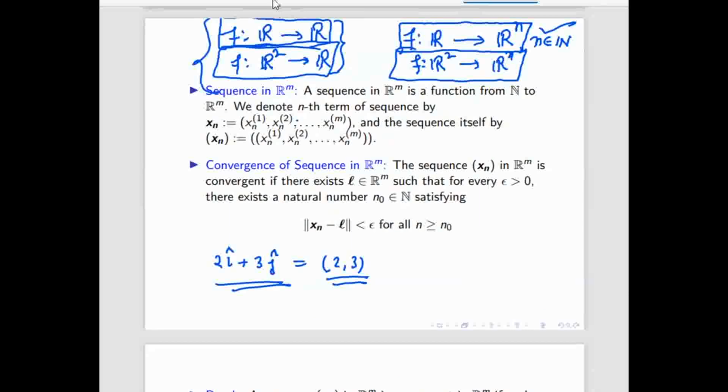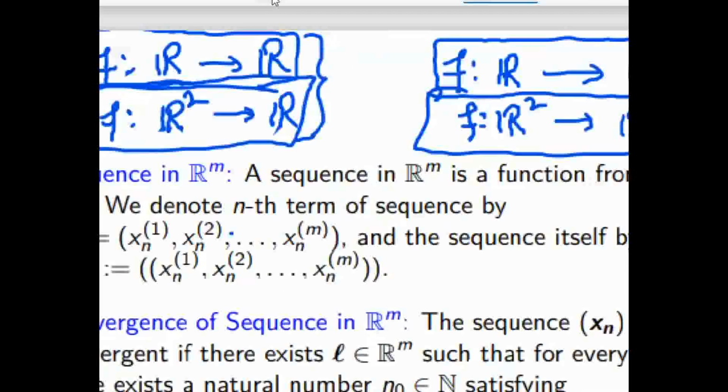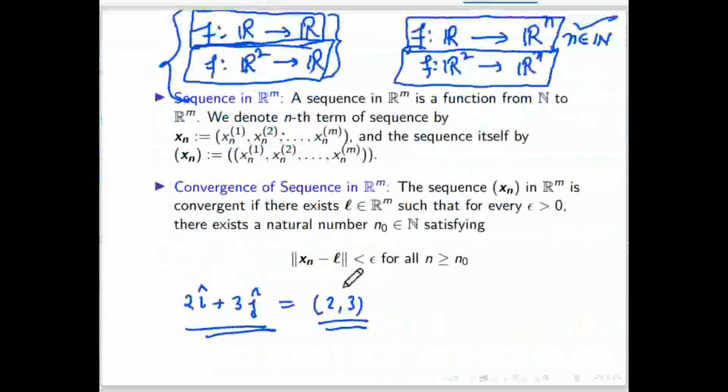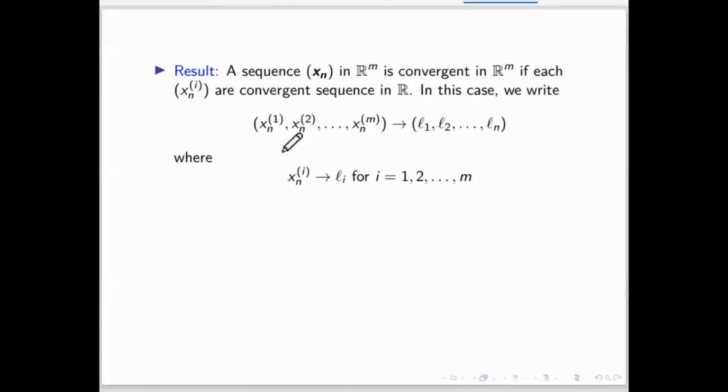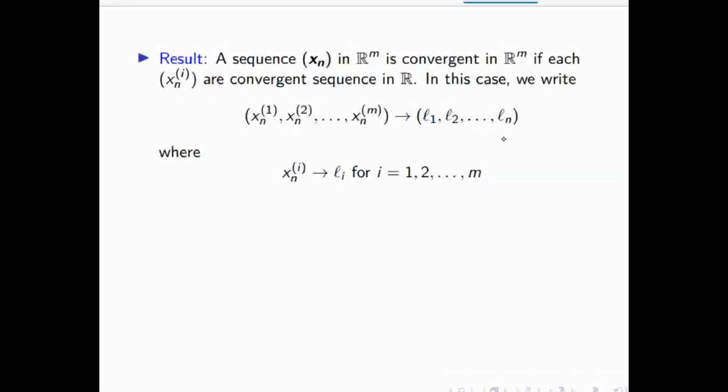So to check whether this sequence is convergent by definition, we will not apply the definition. What we will do is check the individual components, and by component it's very easy. So if xn is a sequence in Rm, with m components, and its limit is L1, L2, up to Lm, not n, this is m.